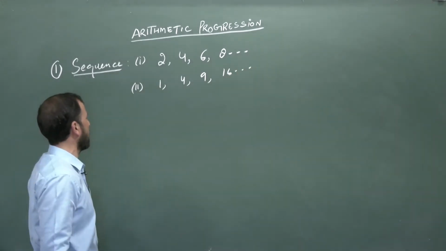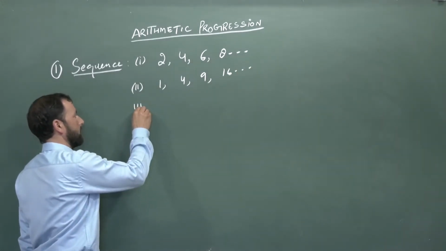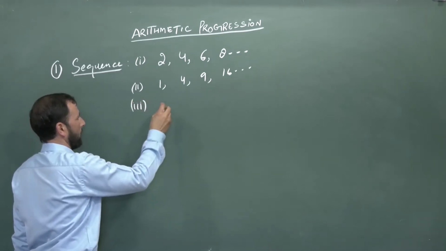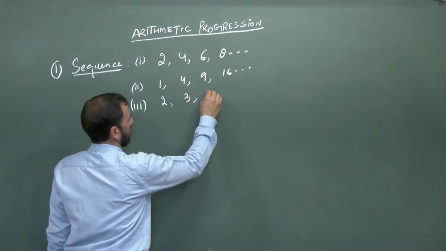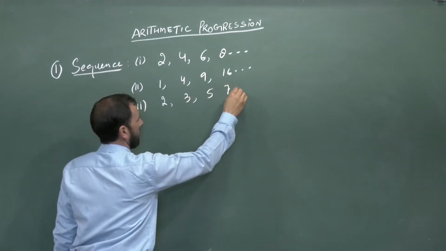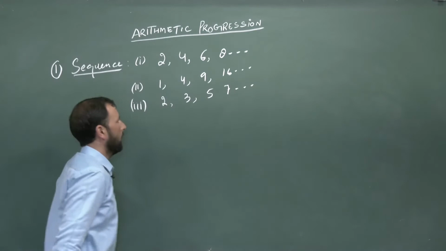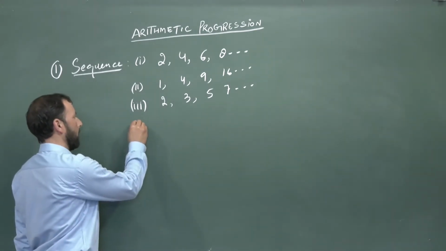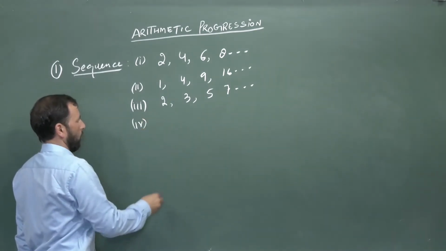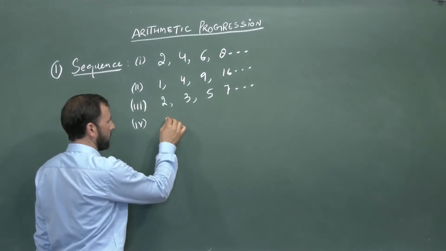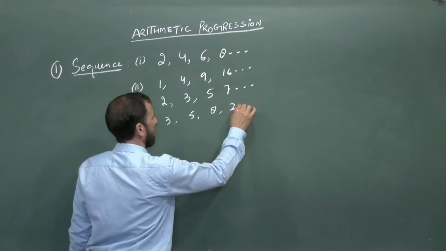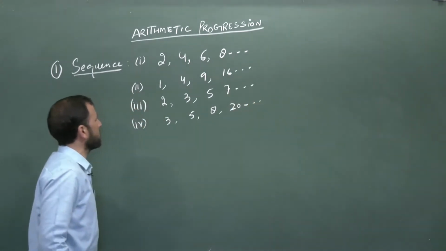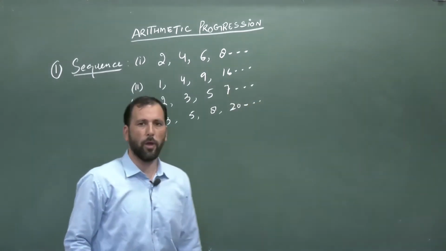Let us take another example, example number three: 2, 3, 5, 7 and so on. Now another example is example number 4. Here we take 3, 5, 8, 20 and so on. So let us take these examples one by one.